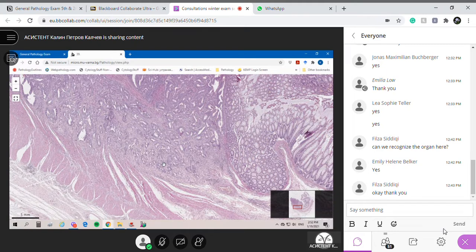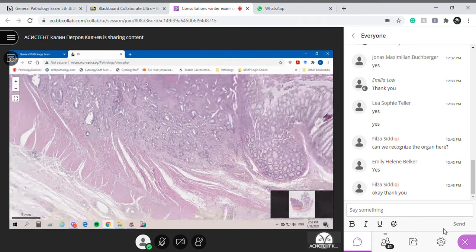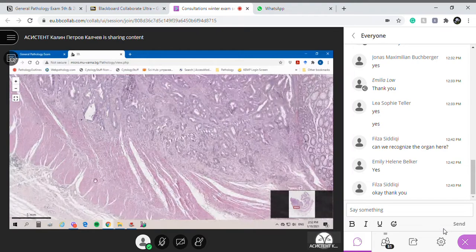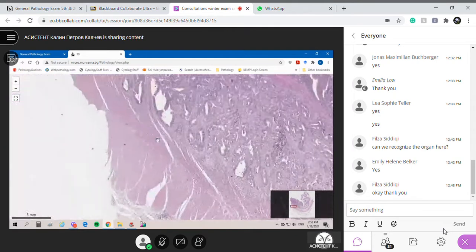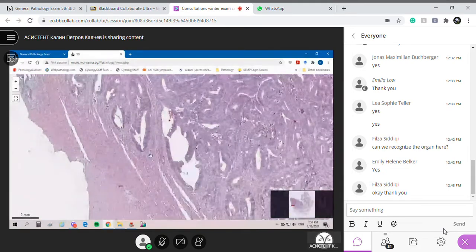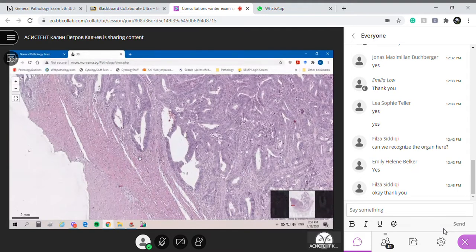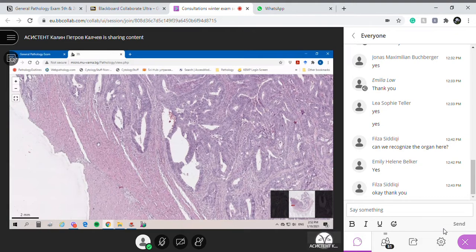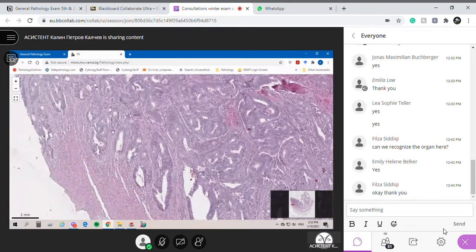And here we have this malignant tumor that invades not only the submucosa, but it even gets into the muscularis propria layer of this colon, of this intestine. And you can see that these glands are going deeper into the smooth muscle tissue here, and some glands are surrounded by smooth muscle as they grow deep into that.